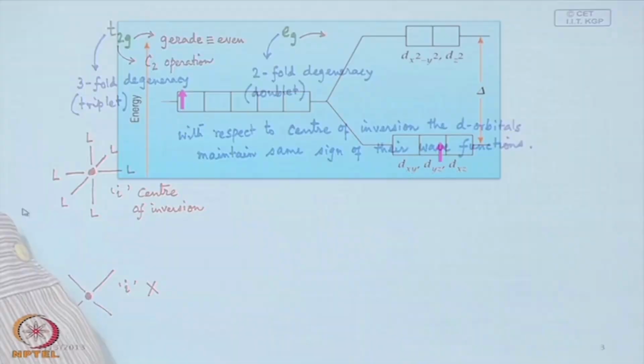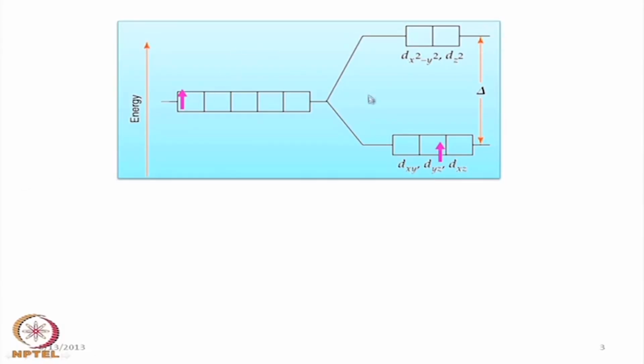So that gives us some information that we have already seen: we can have the T2G set as dxy, dyz and dxz, and the EG set as dx square minus y square and dz square, with the corresponding delta O. So only 3 orbitals will be available which are degenerate for the occupancy of the electron when we have the crystal field splitting.